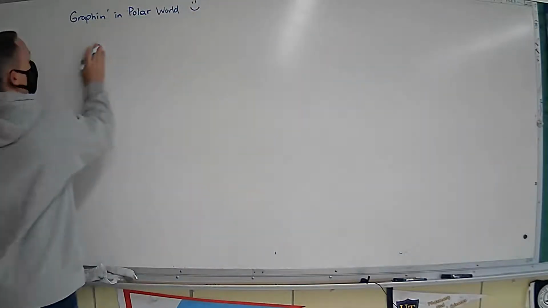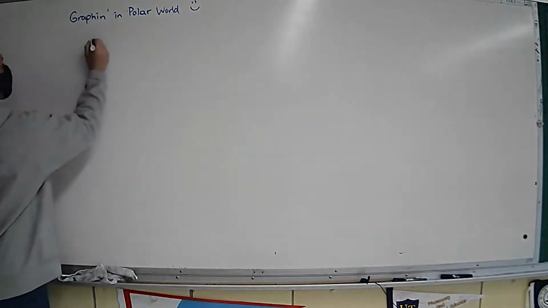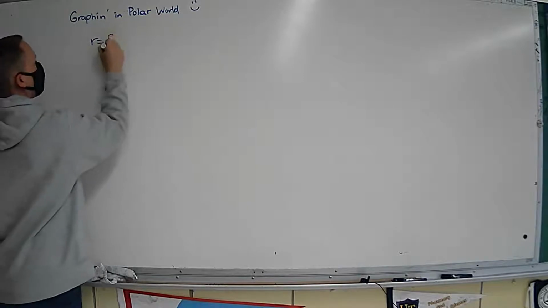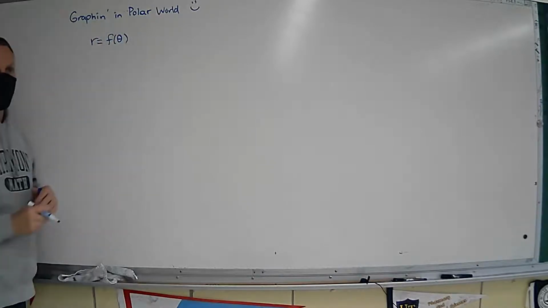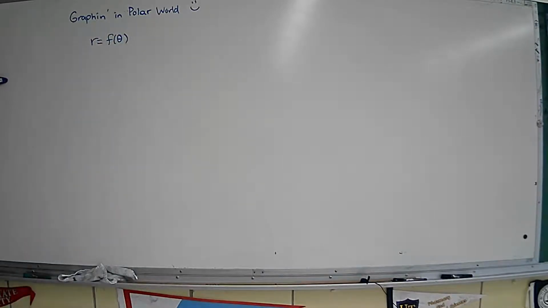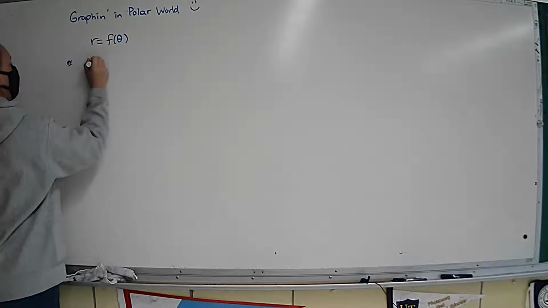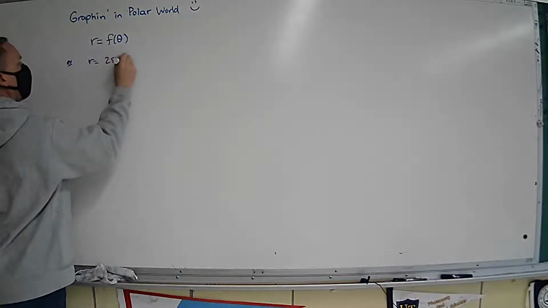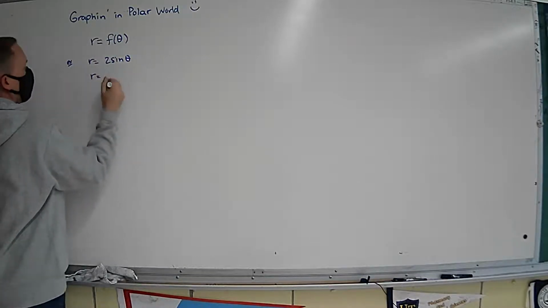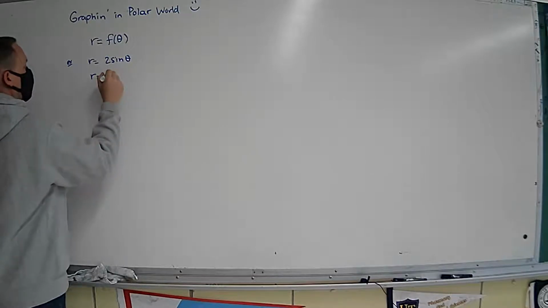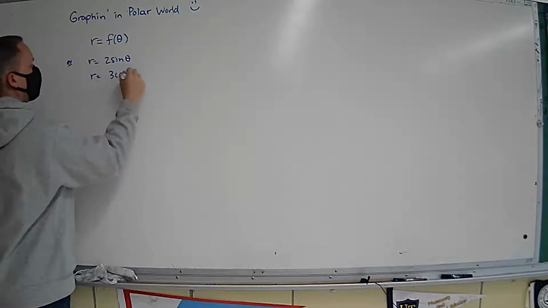So normally speaking, when you're talking about polar graphs or polar equations, your equation is written as r is some function of theta. Just an example of what I mean: r equals 2 sine theta, or r equals 3 cosine of 2 theta.